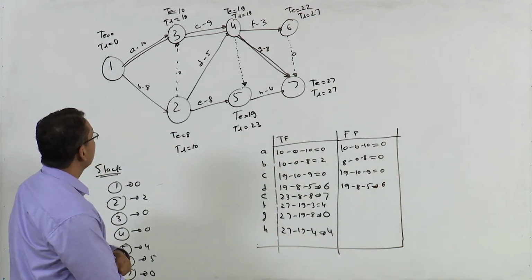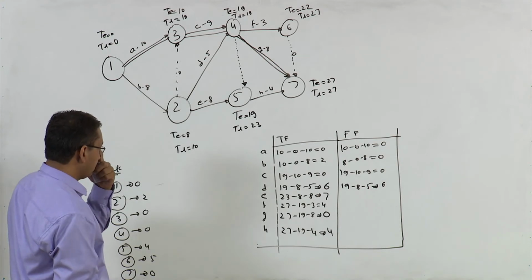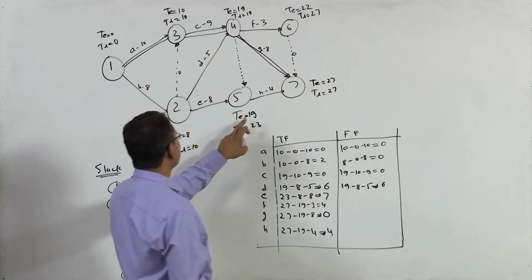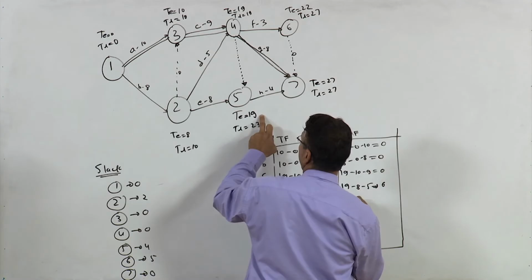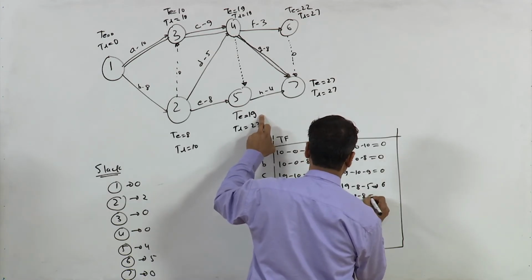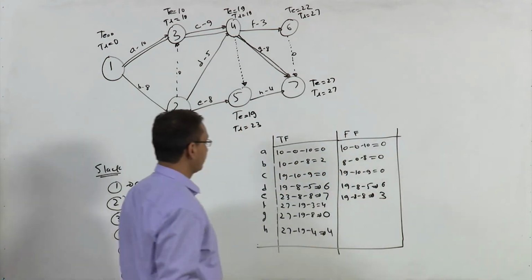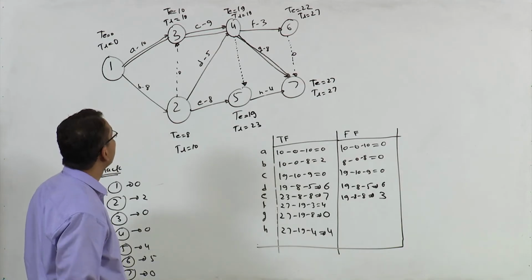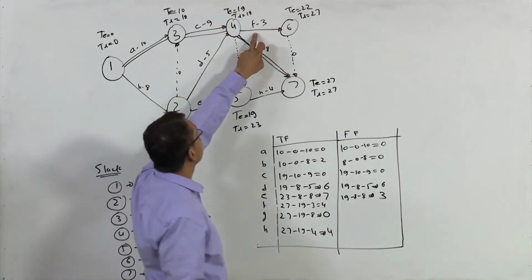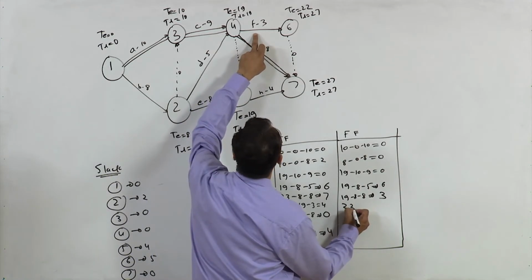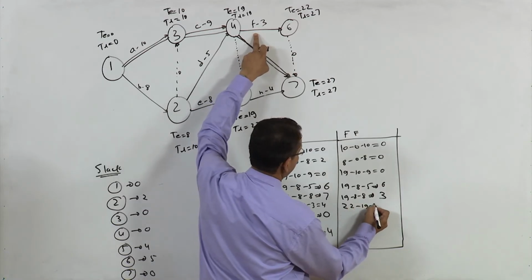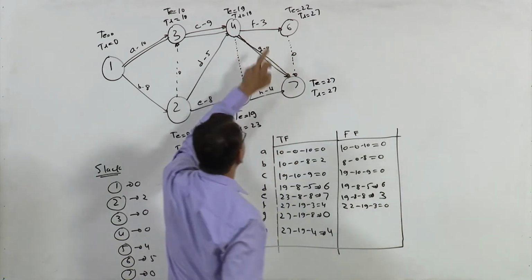For free float of activity E, this is 19 minus 8 minus 8, this is 3. For activity F, it is here, so this is 22 minus 19 minus 3, this is 0.